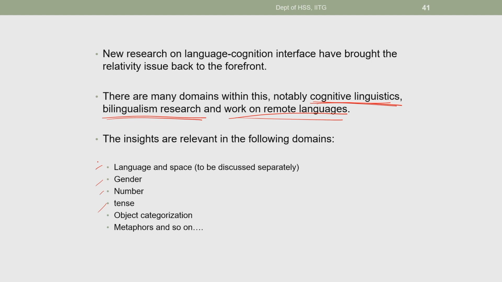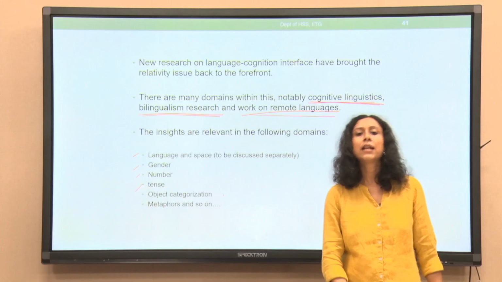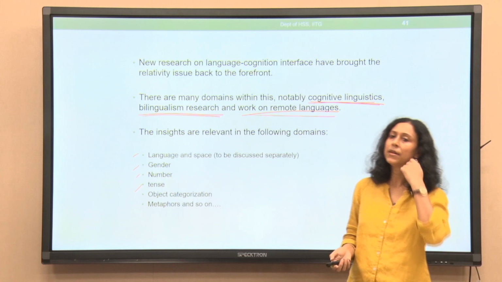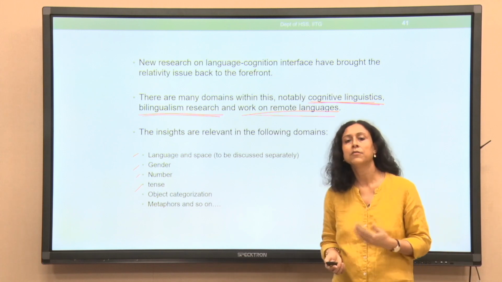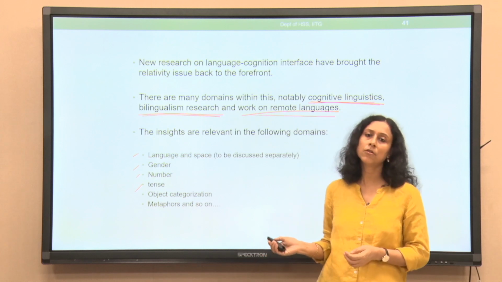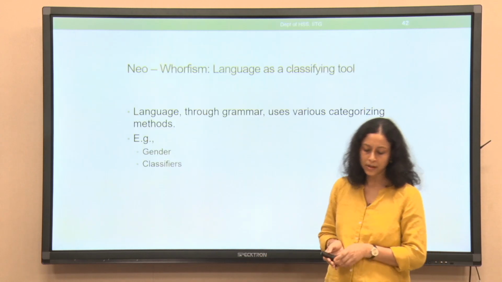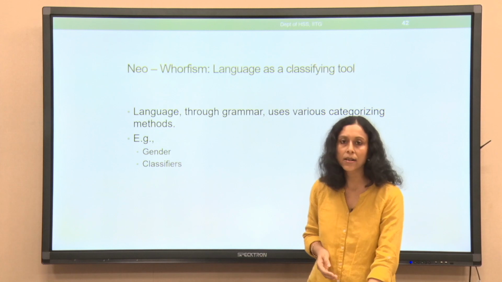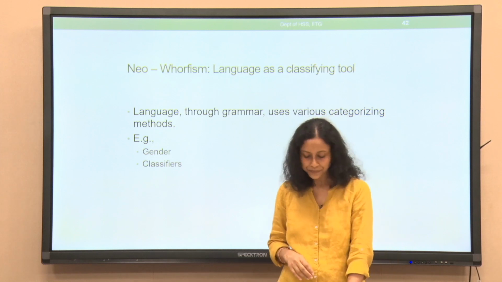Right now, we will discuss gender, number, tense and object categorization primarily, and we will see how these grammatical patterns in languages have some amount of relationship with the way concepts are internalized by the community.